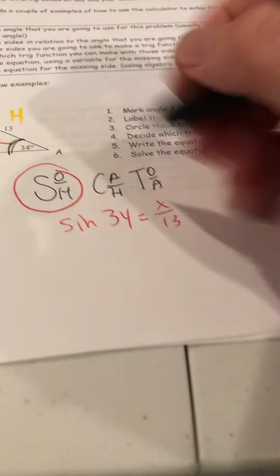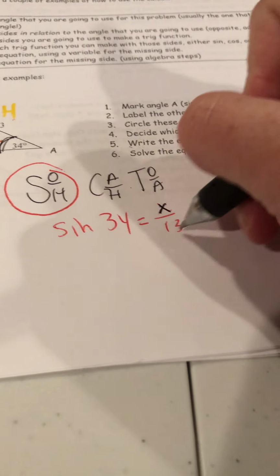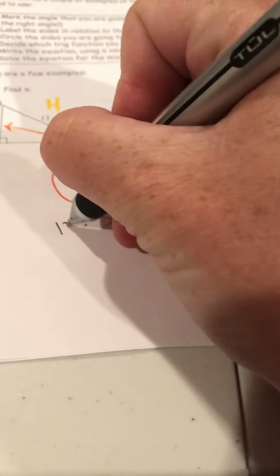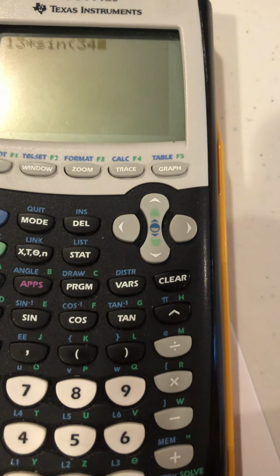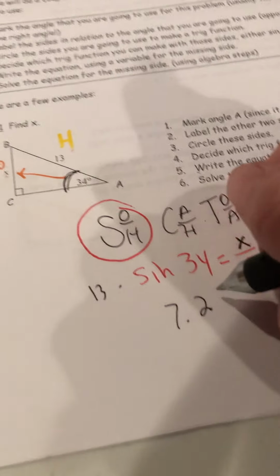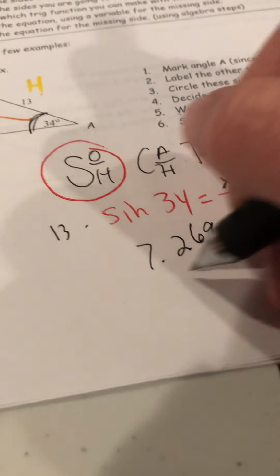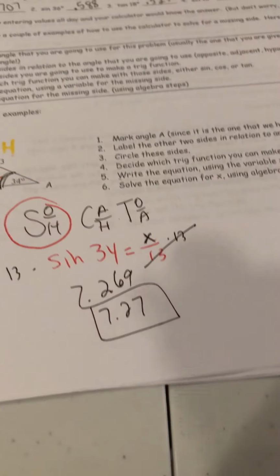So to solve, because it says x divided by 13, I'm going to multiply both sides by 13. And in my calculator, I'm going to do 13 times sine of 34. And you can see I get 7.2695, so 7.27. Or 7.3, whatever you want to say.